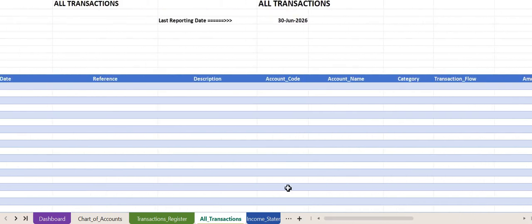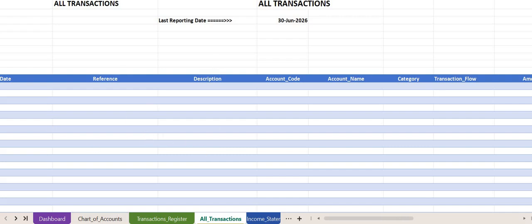So you don't usually enter anything here manually. It is automatically populated as well. This whole register is automatically populated.